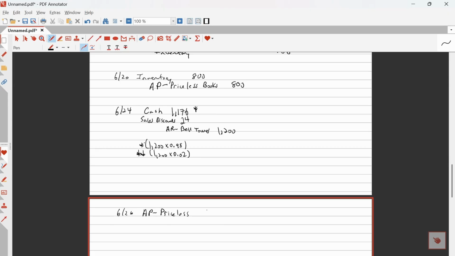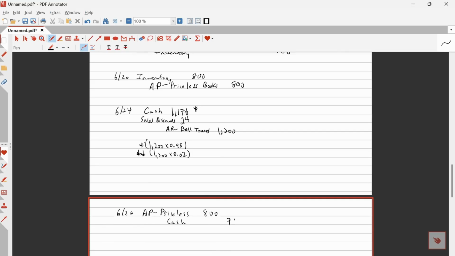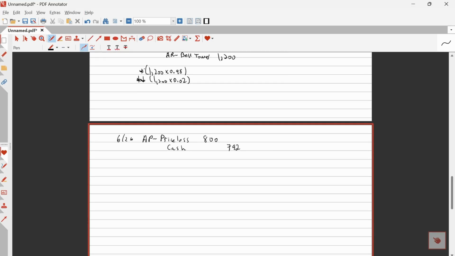We get to reduce the full liability, and we're going to credit cash for 99% of $800. We only have to pay $792 to reduce an $800 liability because we paid within the discount period. And then we're going to credit inventory for the discount of $8.